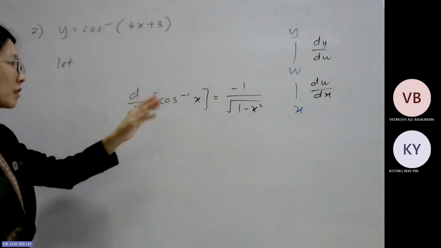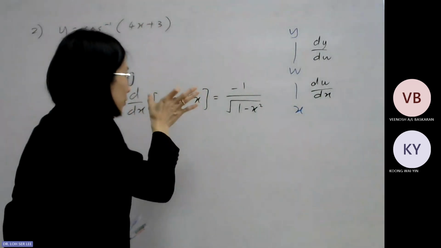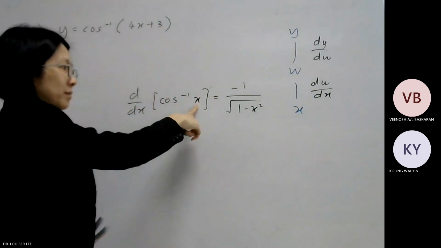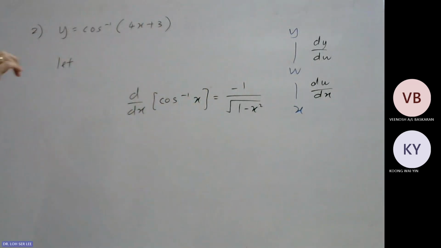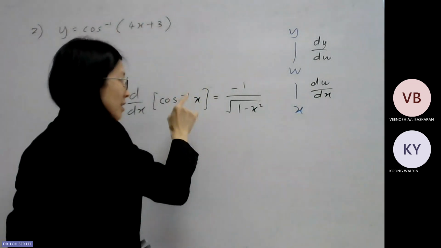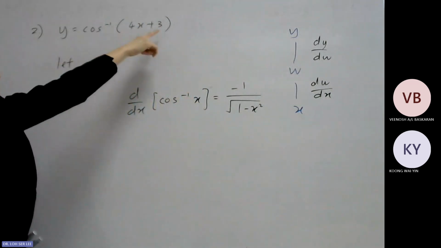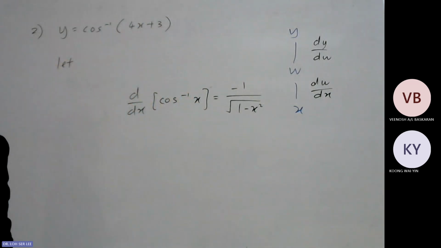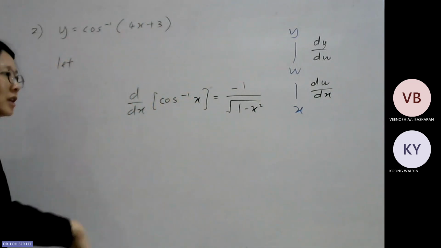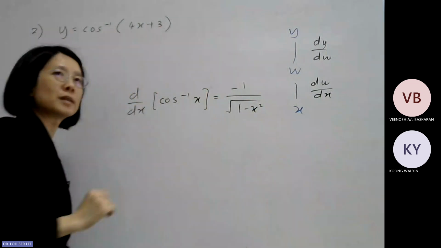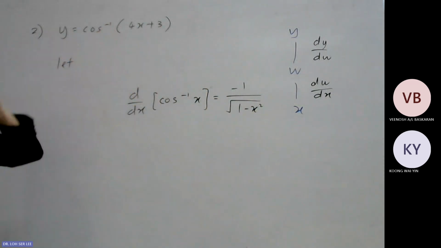Because the formula is only given for this x. But when this is no longer x, but a function in x, then you have to apply the chain rule to get the solution.